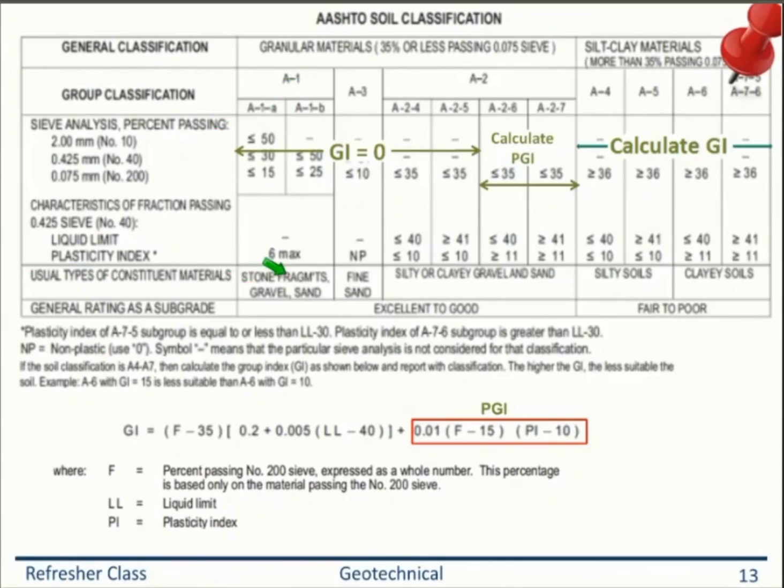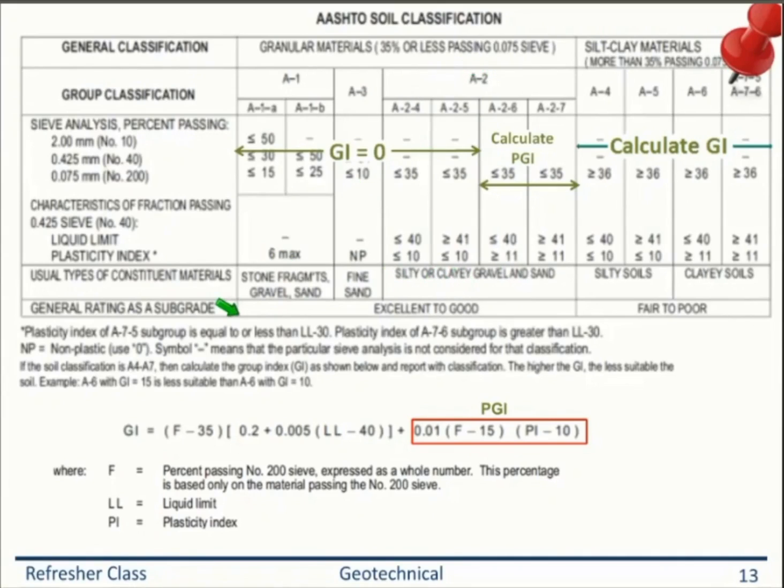A-1 could be stone fragments, gravel and sands, a very good subgrade material. A-3 could be fine sand. A-2 could be silty or clayey gravel and sand. The major component is gravel or sand, but it also contains silt or clay. That's why it belongs to A-2.